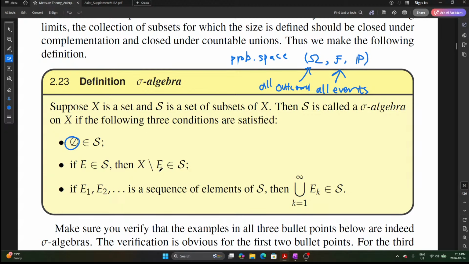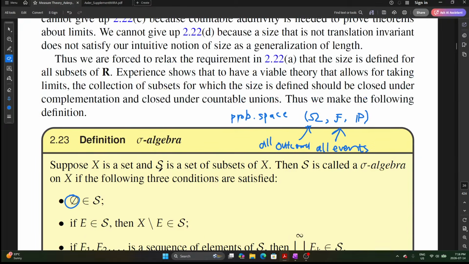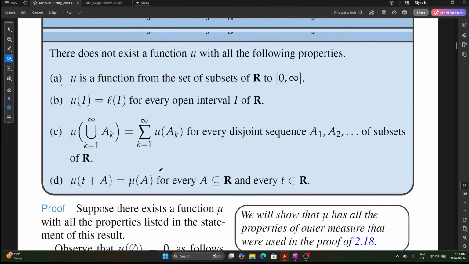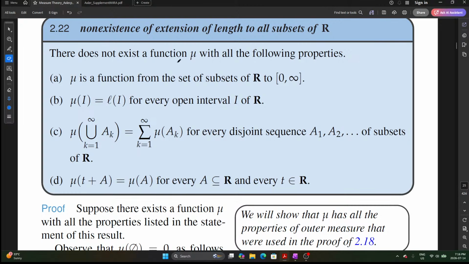A sigma algebra is all about the domain of a measure. Remember, our original aspiration is to assign a notion of size to all subsets of the reals. But that's just too ambitious. It causes logical difficulties. So that's why we step back and instead just talk about the function that maps from the sigma algebra to 0 to infinity.